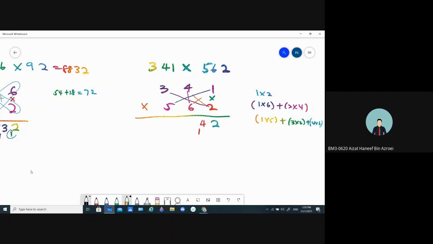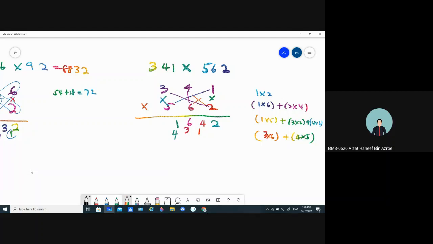So how much is that? 5 plus 6 plus 24 is 35, correct? 35 plus 1 is 36. So 6 and carry 3. Then the next step is 3 times 6 plus 4 times 5, which is 38, plus 3 is 41. So 1 and carry 4.